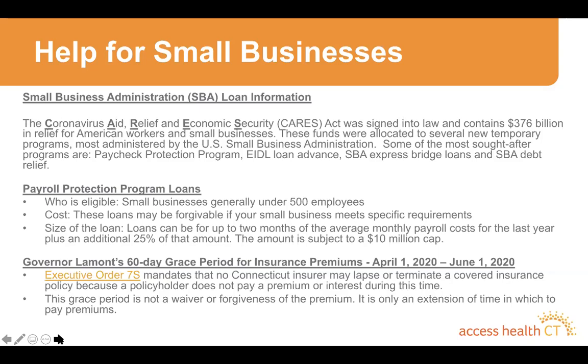This is something else that you should be aware of if anyone receives notice from their carriers, for example, about delinquent payments. You'd want to refer them to the carriers to make sure that that's correct, because there are additional grace periods being given at this time.